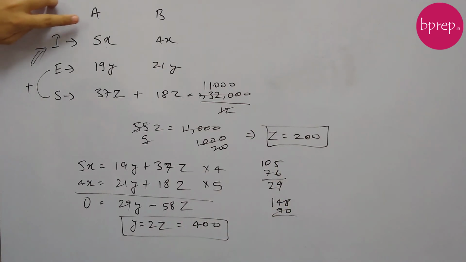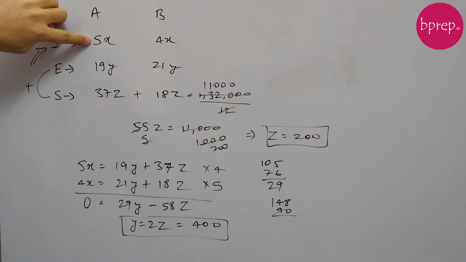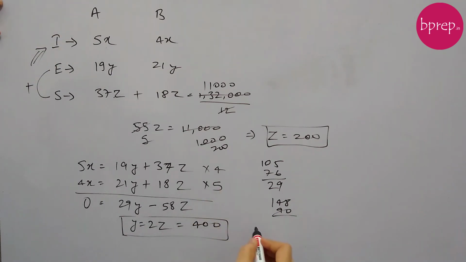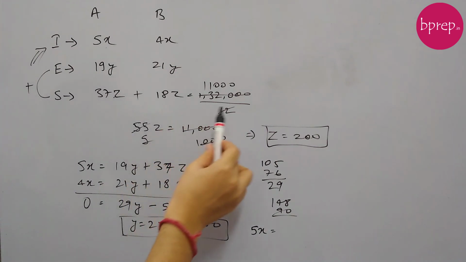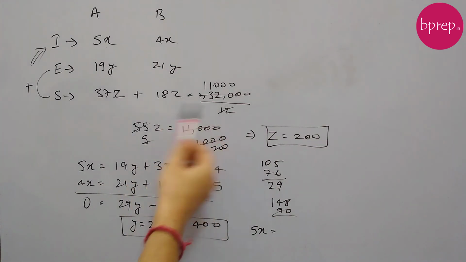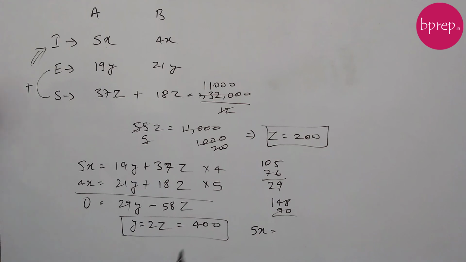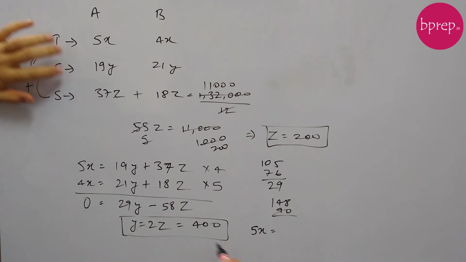We can easily calculate Amit's income, which equals 5x. So Amit's income is 5x monthly income. Because we divided this number initially by 12, all these figures we are getting are in months. So 5x equals 19y plus 37z.